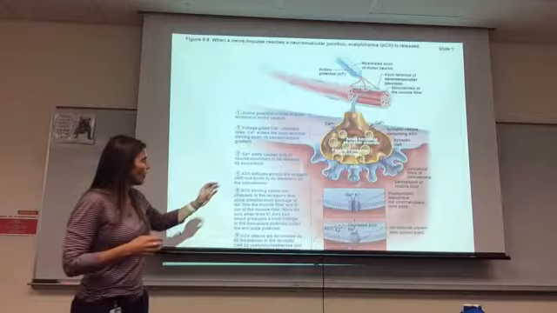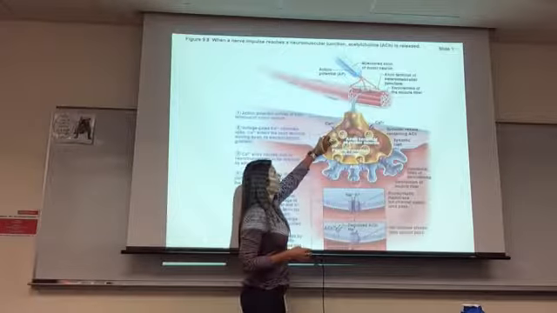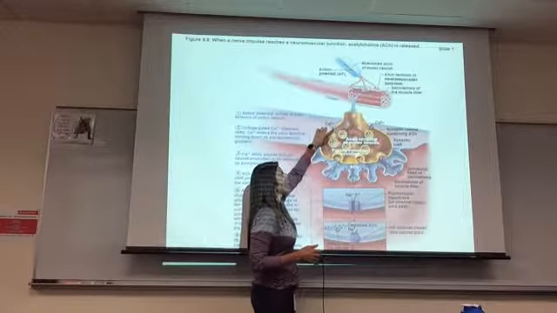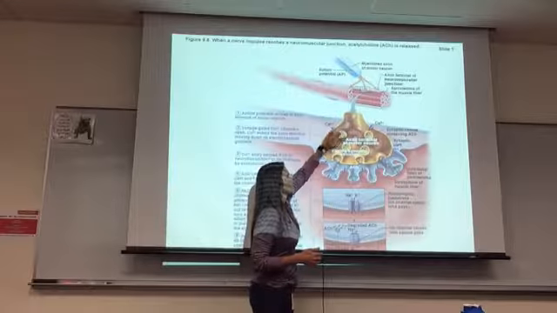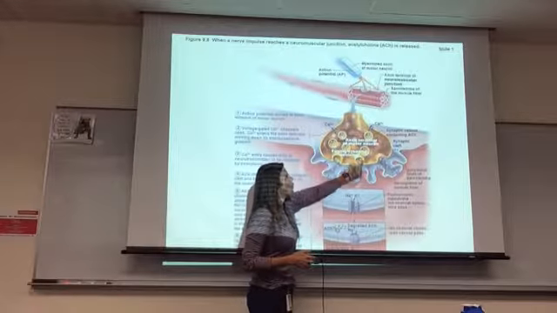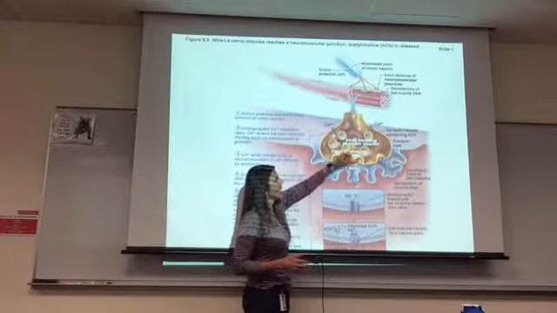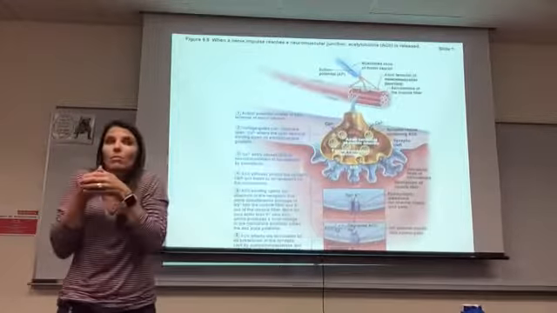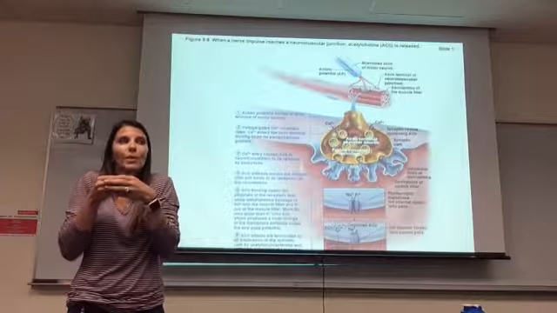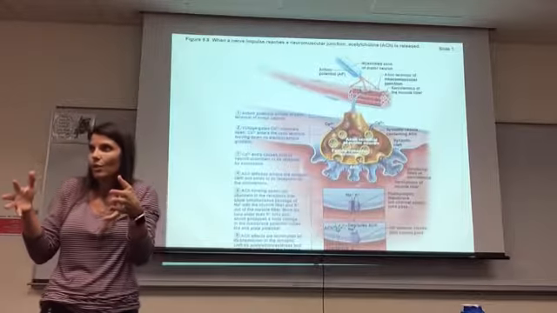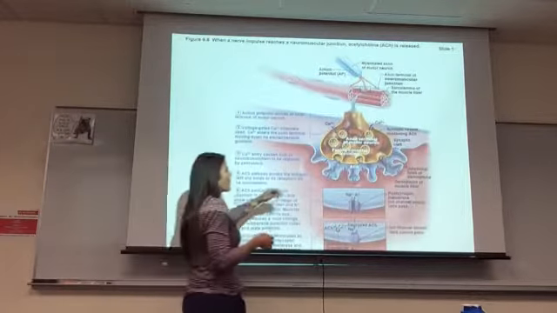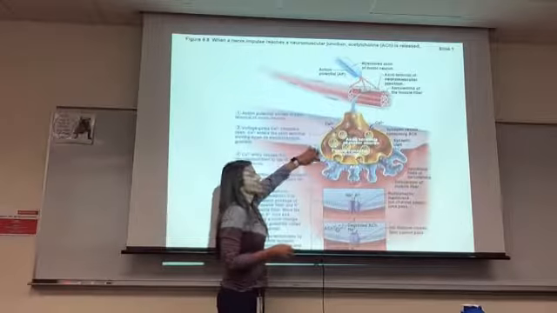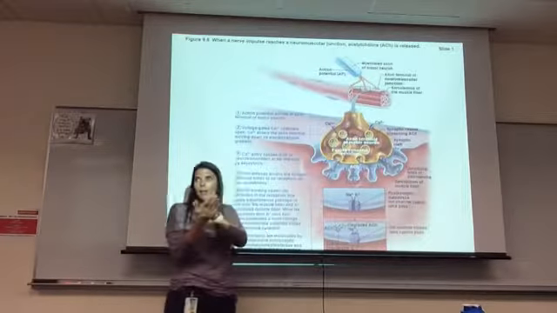When calcium enters, it stimulates these vesicles to fuse and release that acetylcholine. So normally it stays still, but when you tell it to do something, it releases that acetylcholine so that your muscles react.